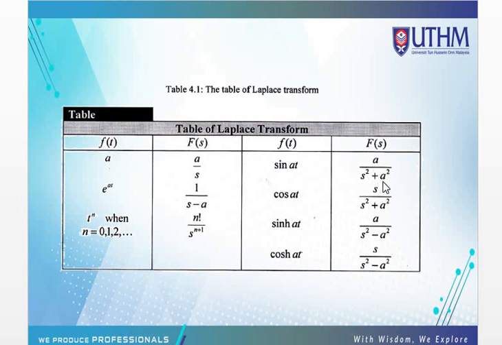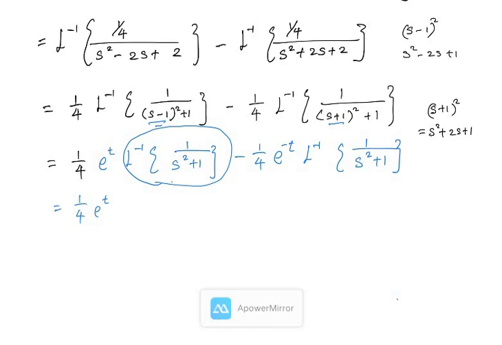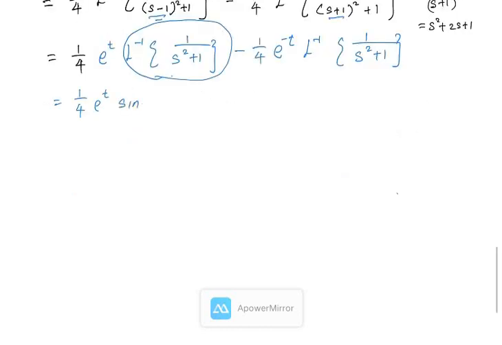Okay, so just now that one is s squared plus 1, so means that this is sine. So here we change to sine t minus 1 over 4 exponent negative t sine t. So that's all for this question.